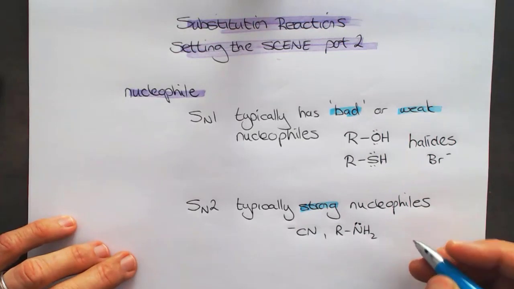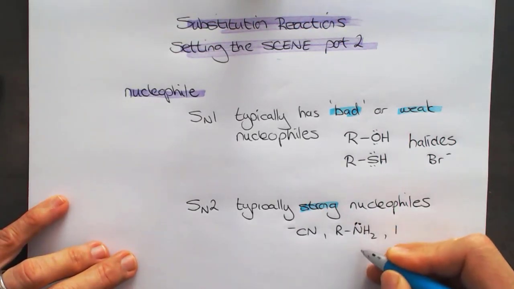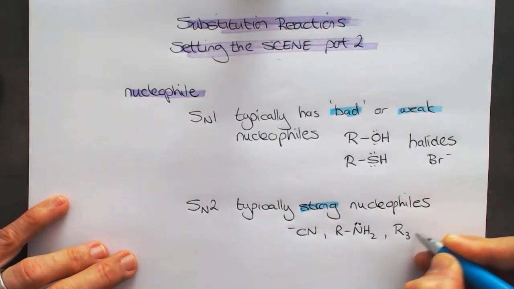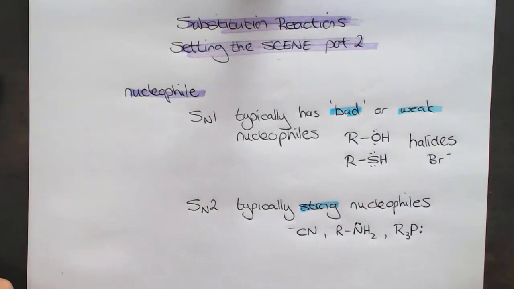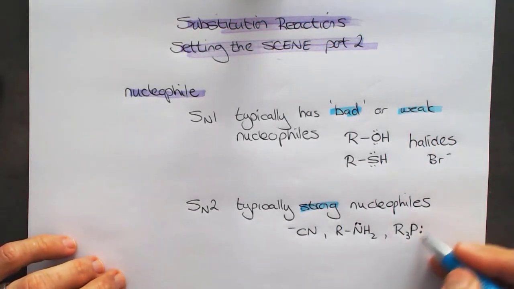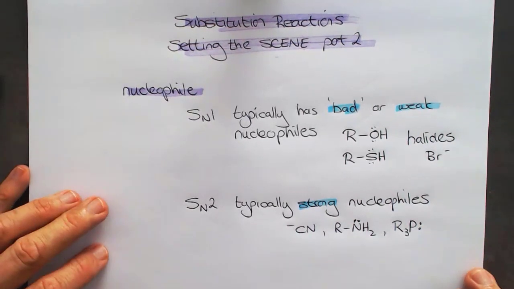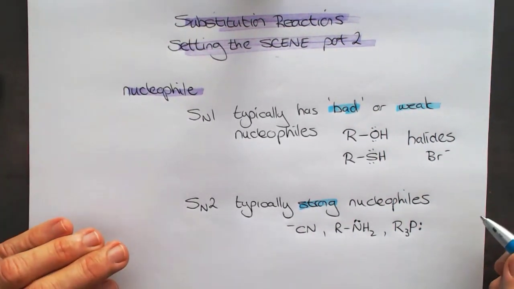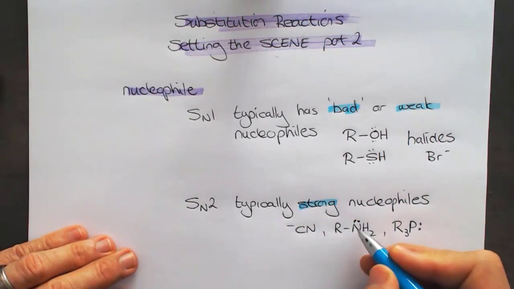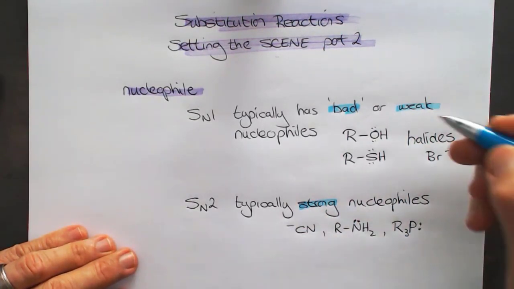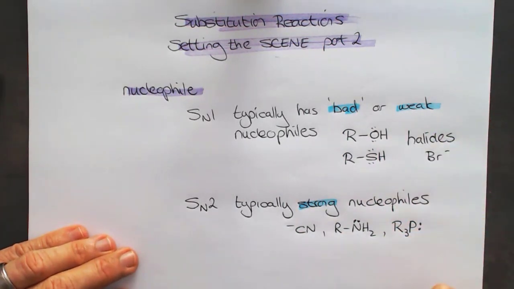We would also have what is below nitrogen, which is phosphorus. Any kind of phosphine that has a lone pair of electrons on a phosphorus is an absolutely excellent nucleophile for doing substitution reactions. Because we're looking at strong nucleophiles, nitrogen's lone pair is great compared to oxygen, which is not that great.